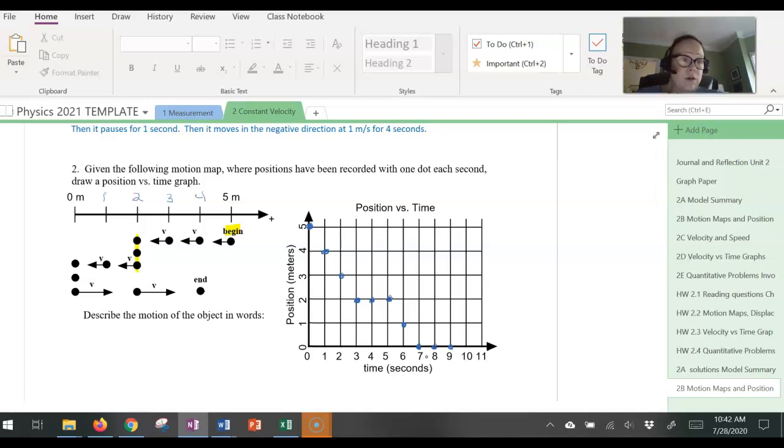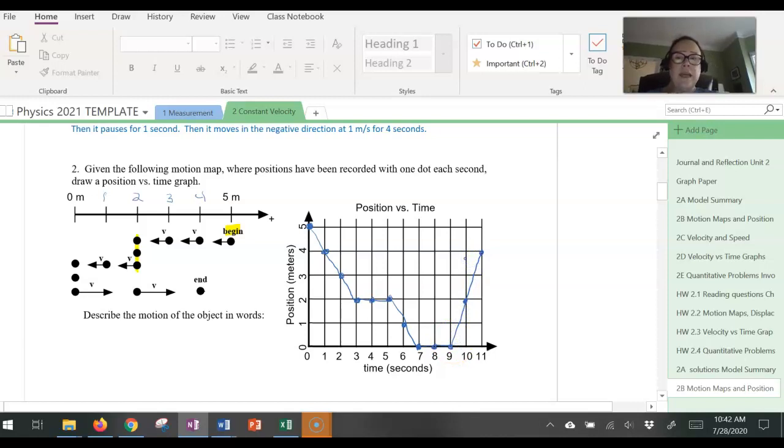The arrows are now moving to the right. It's moving in the positive direction. So at time 10 it is at position 2, and at time 11 it is at position 4. So I've put all of the positions at each time, and now to complete my position versus time graph, I can connect these dots.